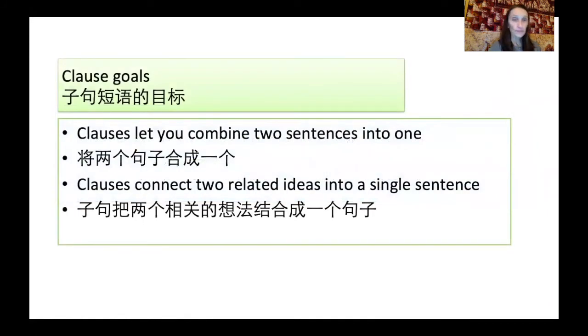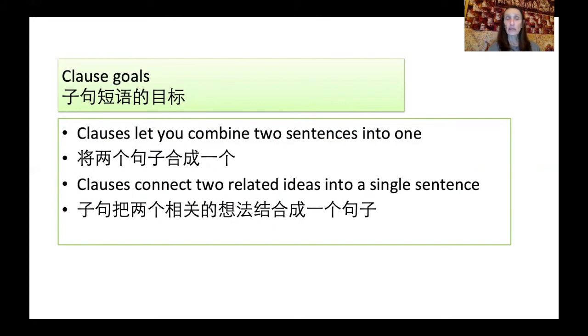What I want to review first is clause goals, some information about clauses. Clauses let you combine two sentences into one.